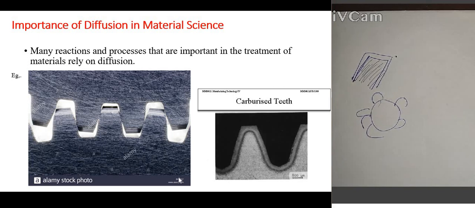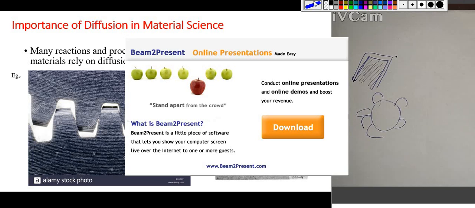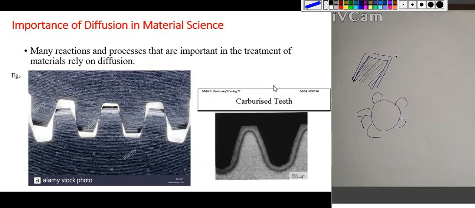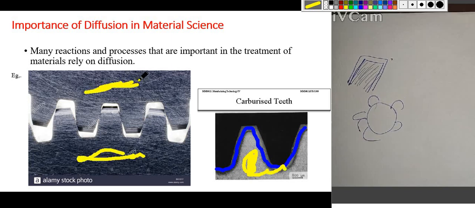Instead of making the whole gear with a hard material, we make this region, that means the surface of the tooth only, with the hard material, and the remaining regions of the teeth are made with the soft material.